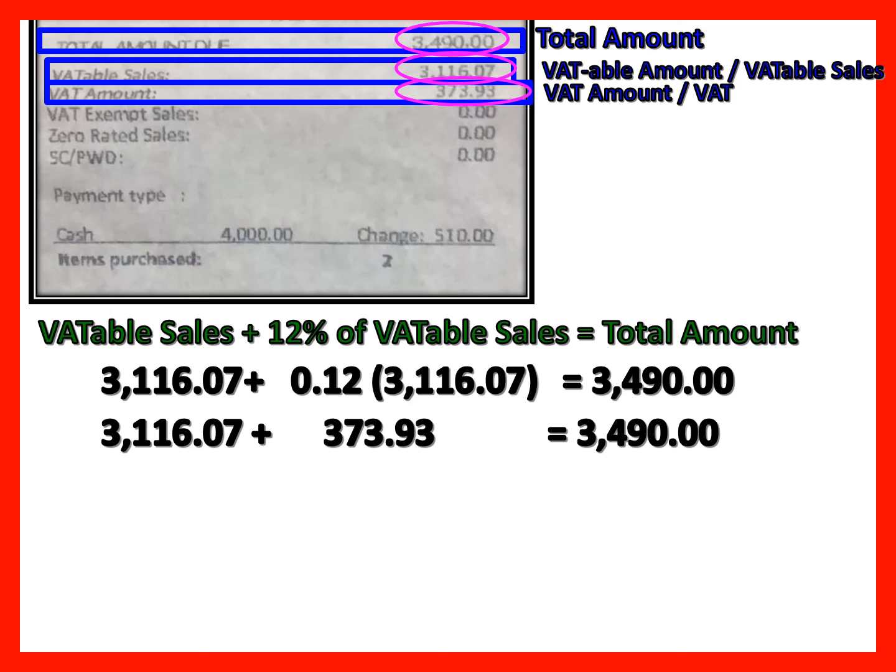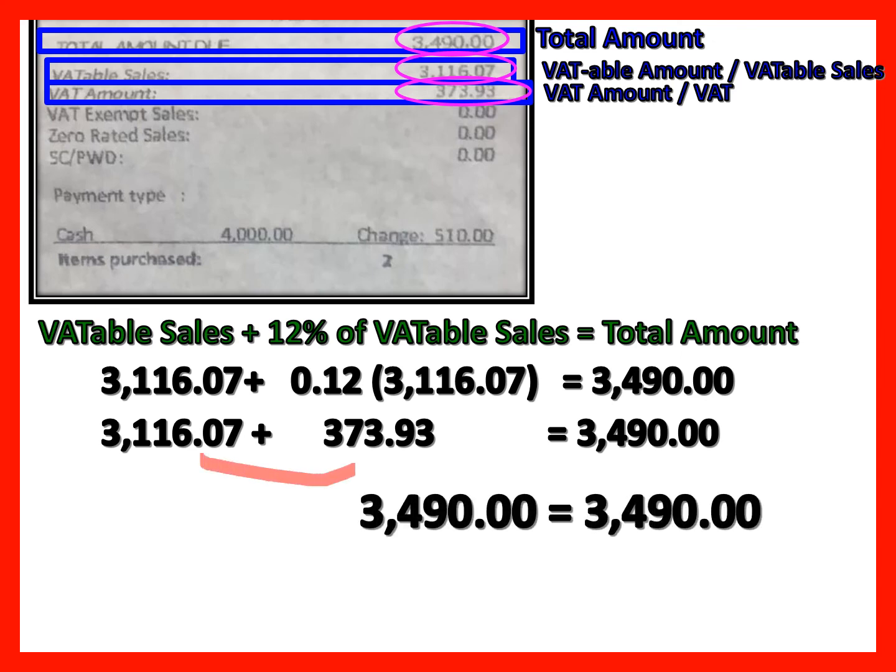Okay, bring down the other member of the equation, equals 3,490 pesos. So here we can now add these two terms, and adding this, it will give us 3,490 pesos and equals the total amount. And since they are equal, the process of computation is correct.